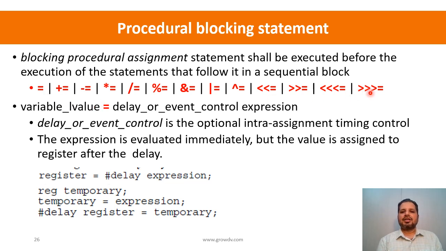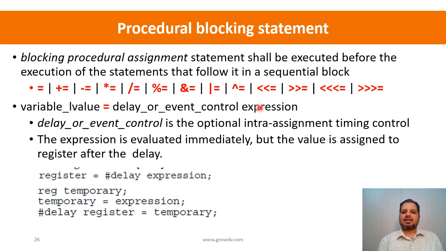Now all of these are blocking assignment statements, and the syntax of it will be that you have the variable on the left hand side equal to some delay or event control followed by an expression, and the delay or event control is an optional intra-assignment timing control, right? So the assignment from the right hand side to the left hand side, you can control it with the help of this delay or event control.